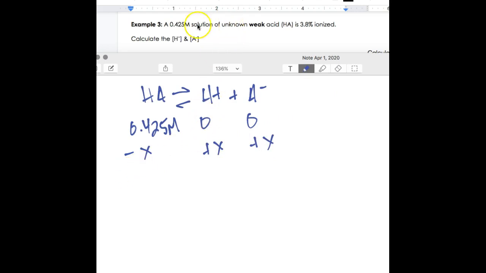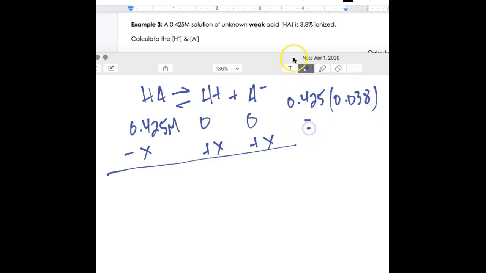And it says that 3.8 percent of this dissolves. So what we do is we always write our amount, and if you multiply it by the percentage in decimal form, that will tell us how much will dissolve.